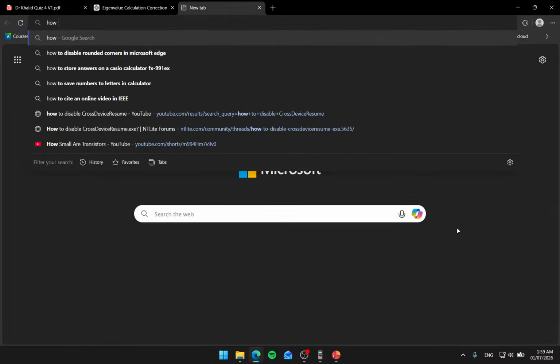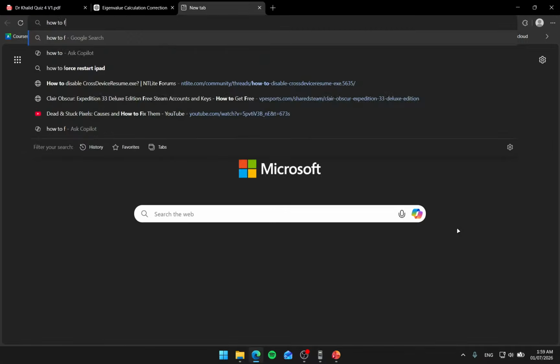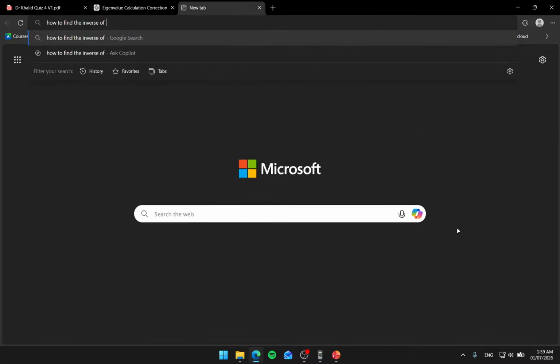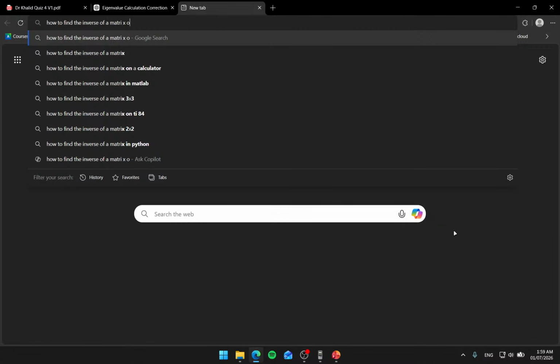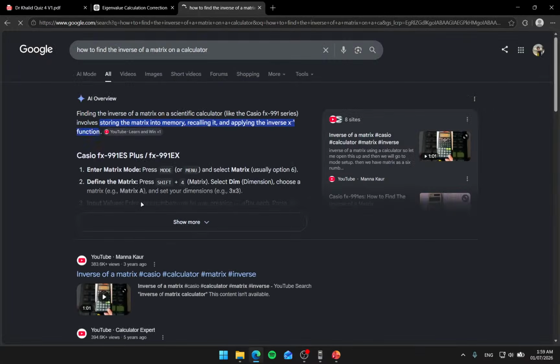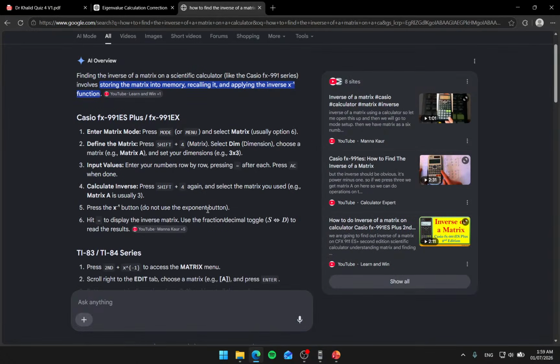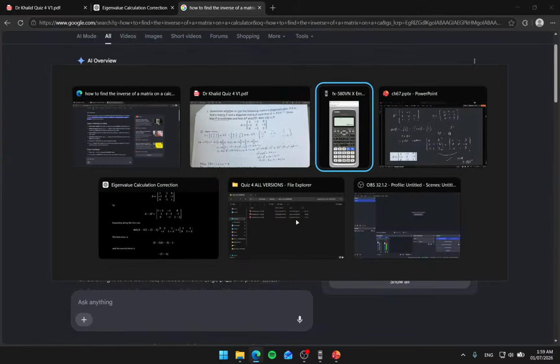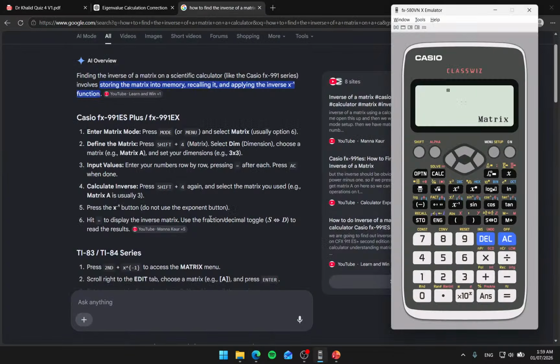I'm not sure how to find the inverse of a matrix on a calculator. Press the inverse key and do not use the exponent button. Oh, okay, cool. So that's matrix this, inverse. Oh, nice.